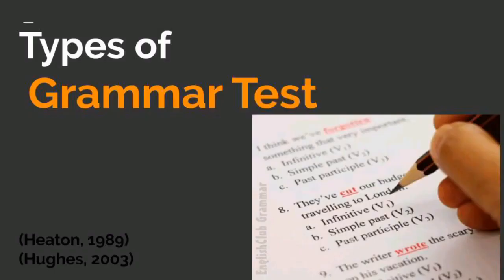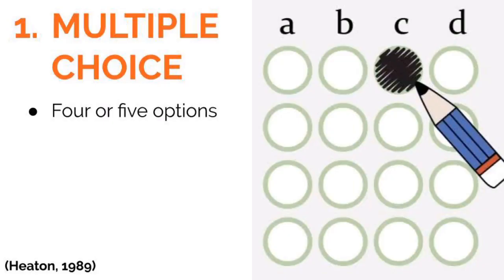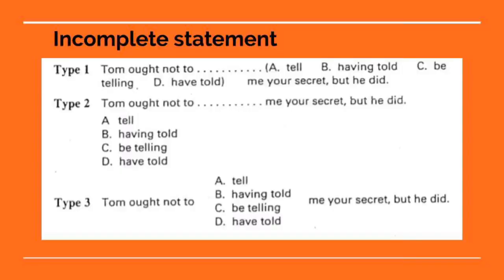Now, these are the types of grammar tests according to Arthur Hughes and J.B. Hinton. The first type is multiple choice. This type usually has 4 or 5 options of answer, with the following subtypes. Type 1, 2, and 3 are incomplete statements, where we have to choose one correct answer to complete a statement.